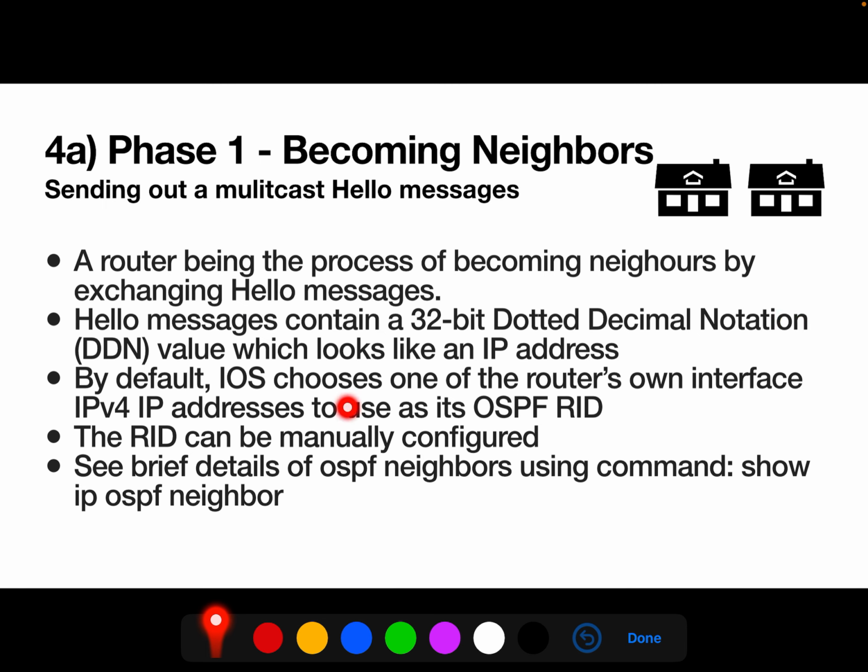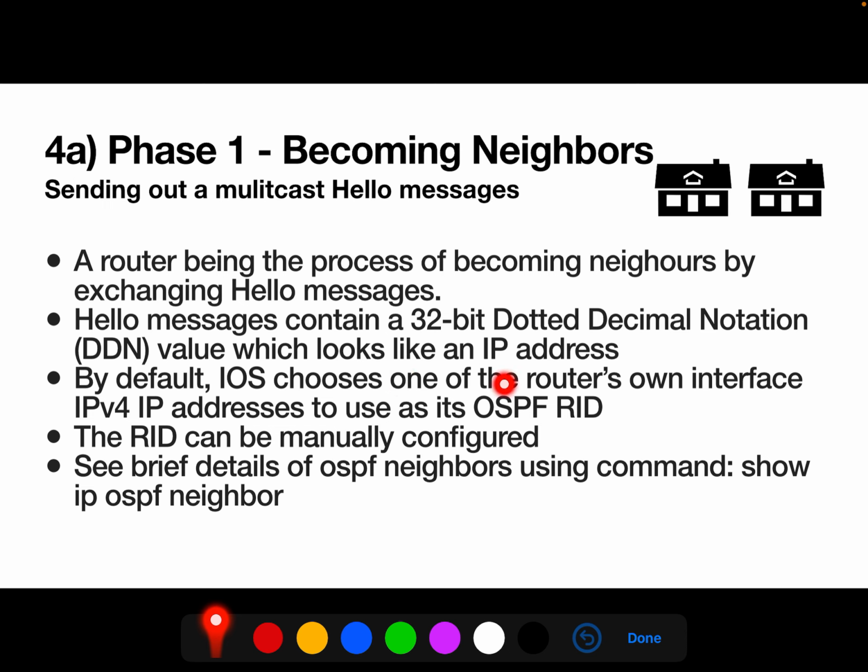By default, IOS chooses one of the router's own interface IPv4 addresses to use as its OSPF RID. So that's something quite important to note there.